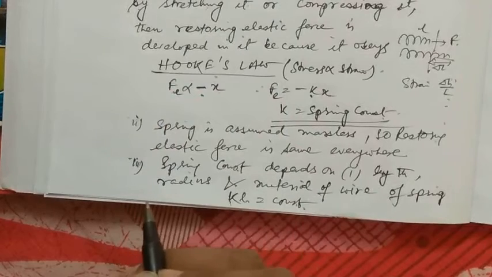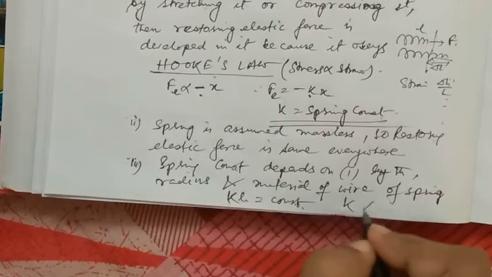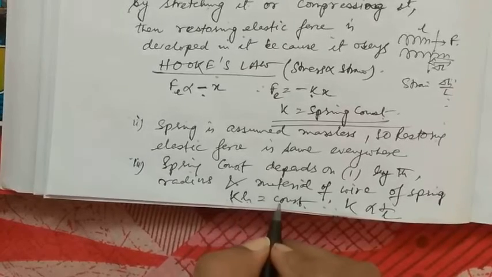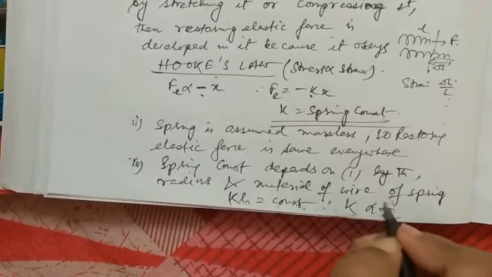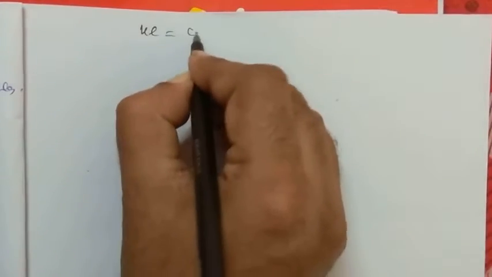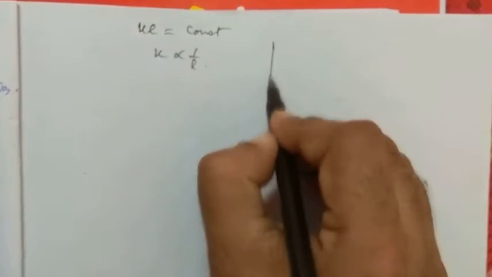Now, if you try to draw the graph between K and L, as the product of K and L is a constant, K is inversely proportional to L. K is proportional to 1 by L, and the graph will be like this.